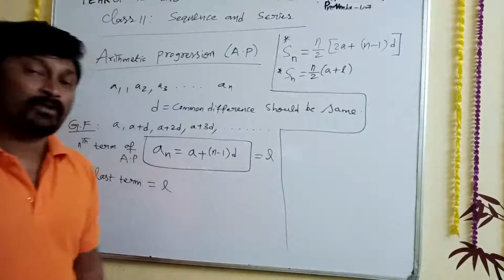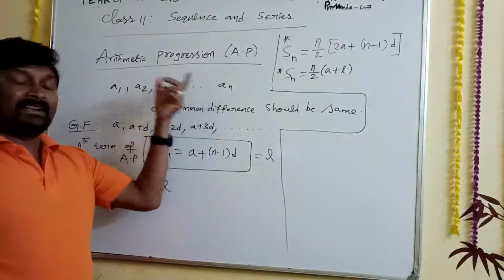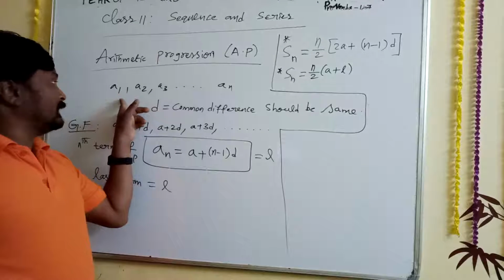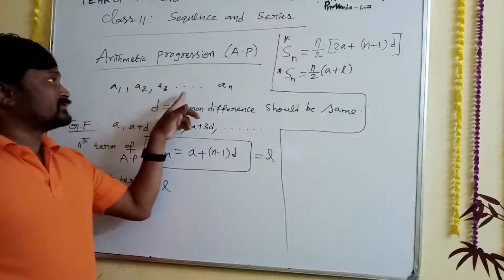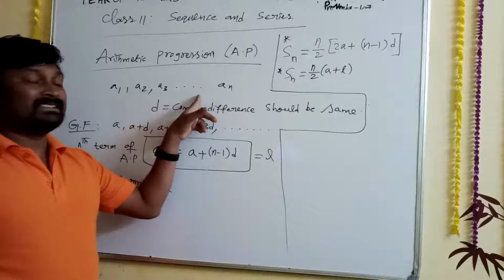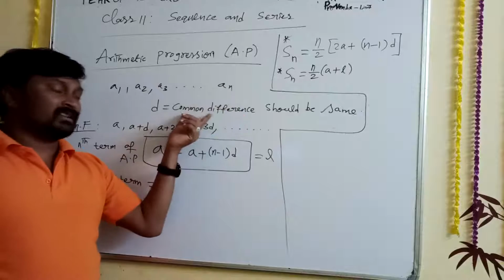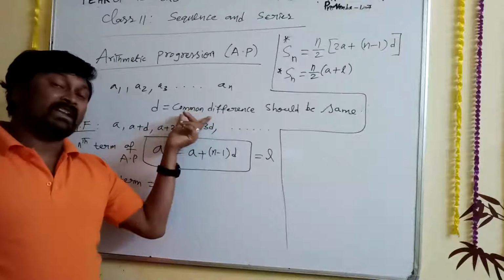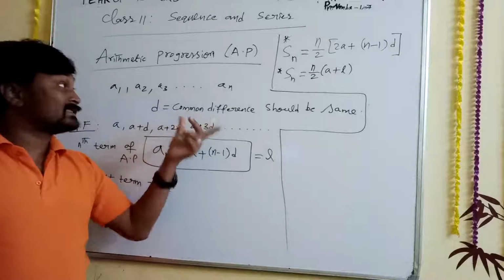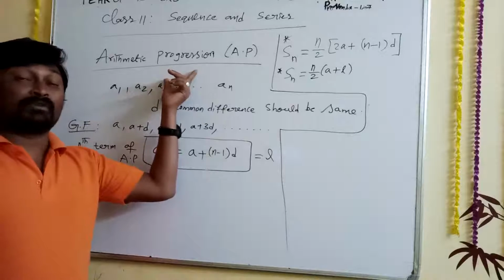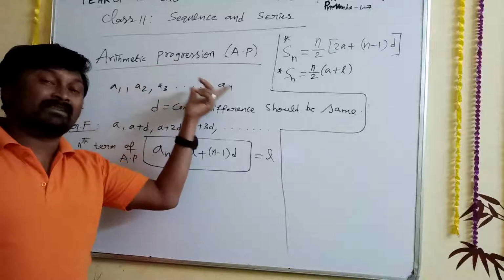So arithmetic progression, we can say that if anything is in the form of A1, A2, A3 and so on, AN, means any sequence in the form of A1, A2, A3 and so on, AN, where the common difference is the same, then that is called arithmetic progression or arithmetic sequence.